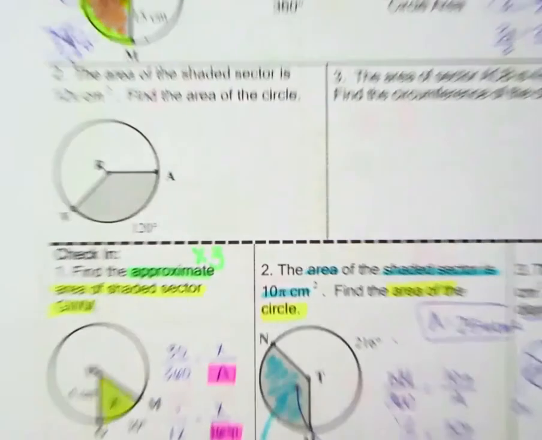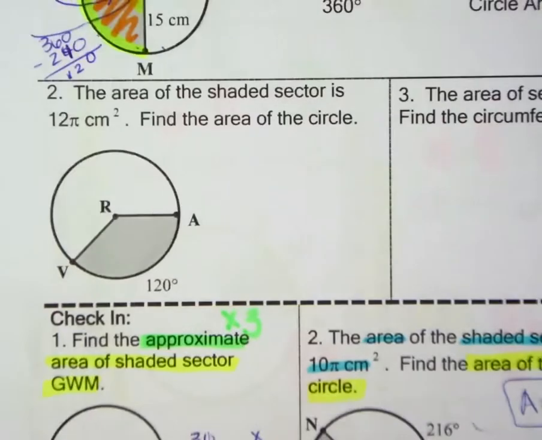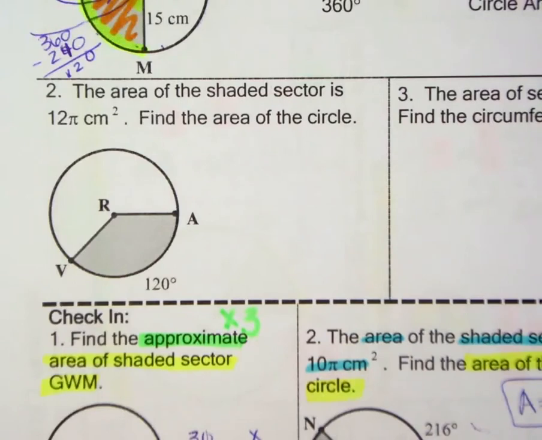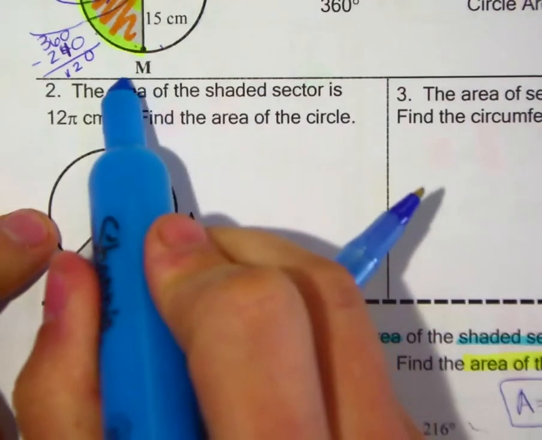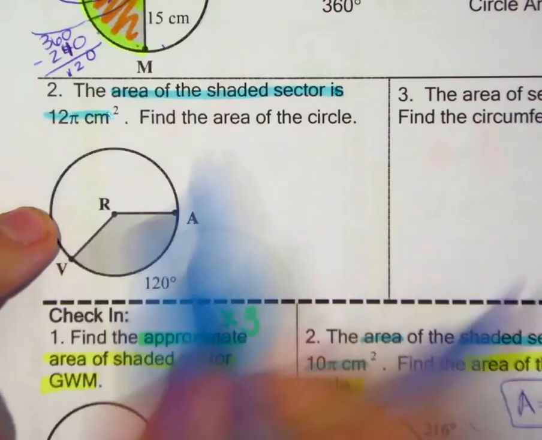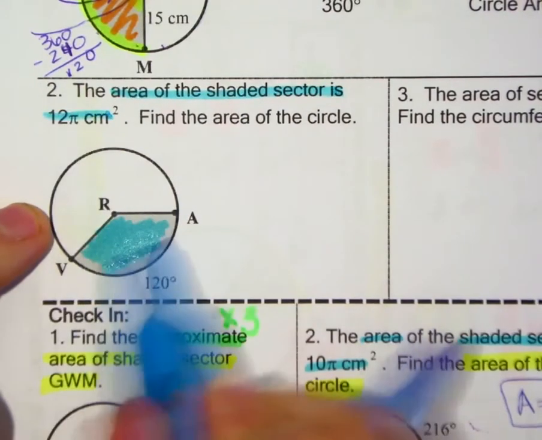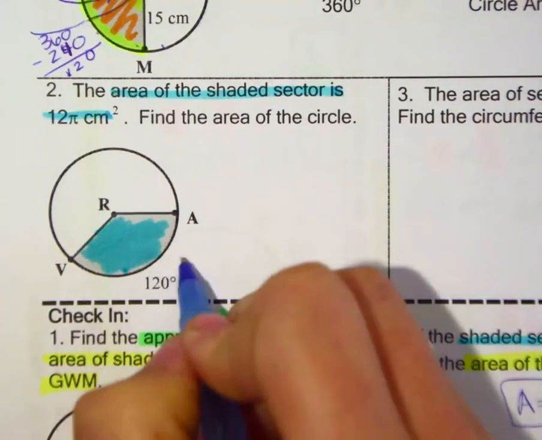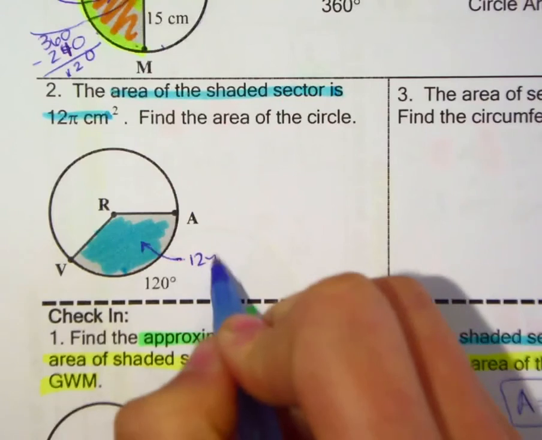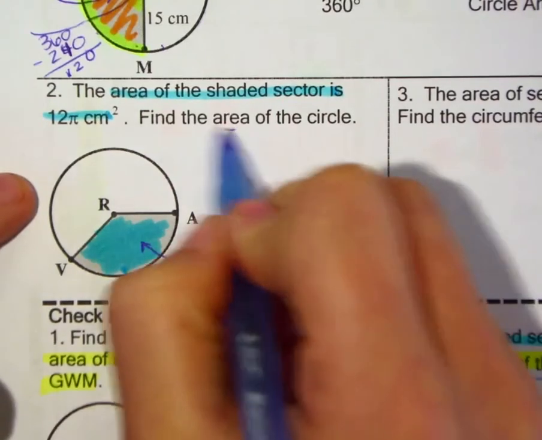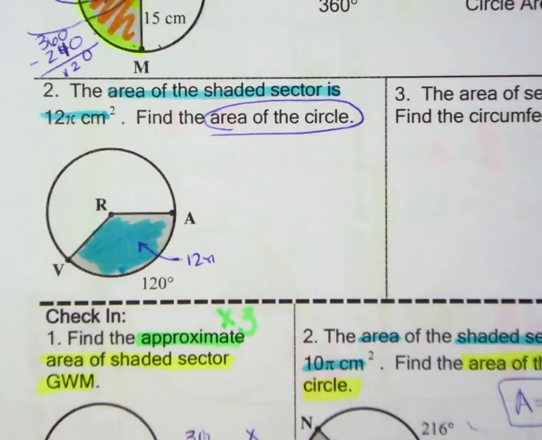Let's go ahead and do number 2 together. The area of the shaded sector is 12 pi. So it's telling us the area is 12 pi. Find the area of the circle.